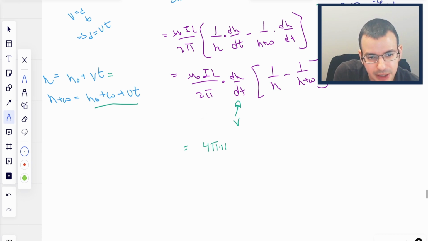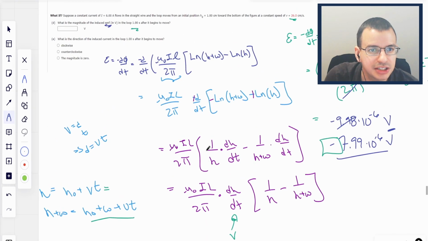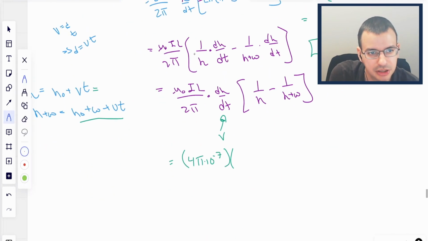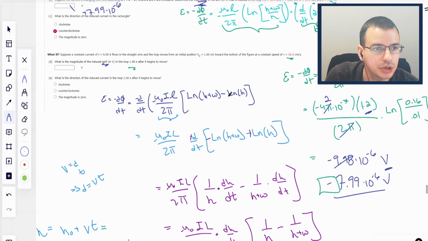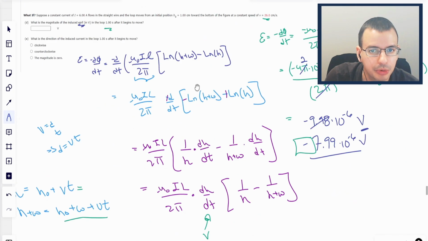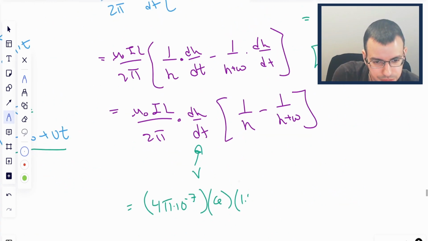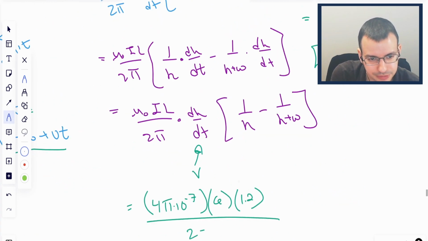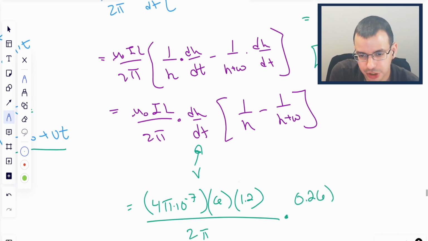So 4 pi times 10 to the negative 7th times the current, which did they tell us, is it the same current? 6 amps. 6 amps times the length, which I think is constant. It's 1.2, all over 2 pi, times the speed, which I'm going to write as 0.26.